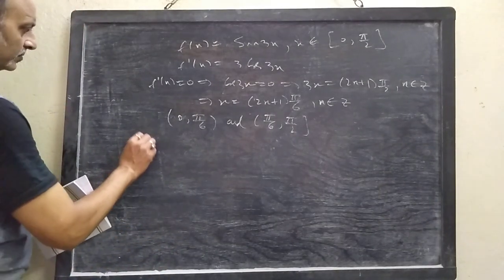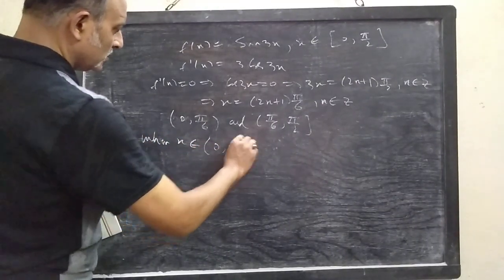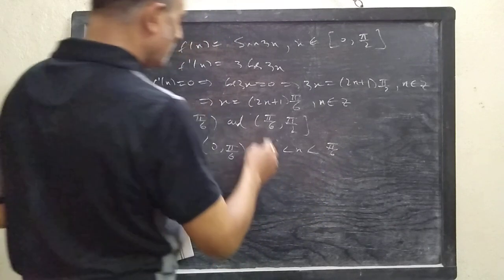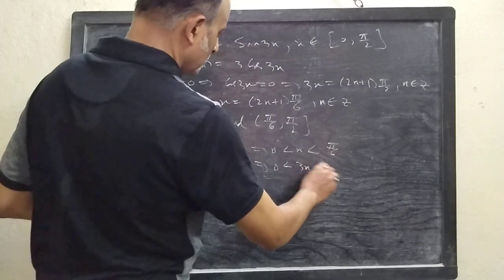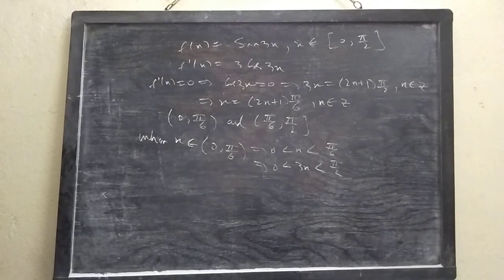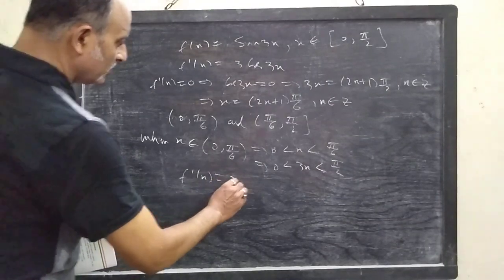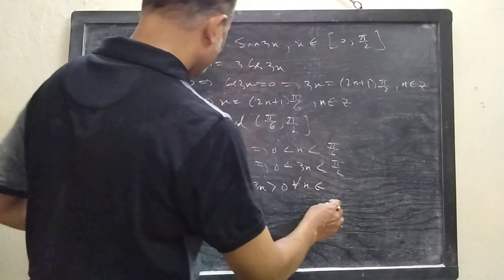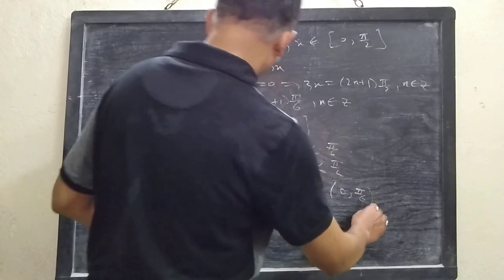Now when x belongs to open 0 to pi by 6, that implies x is more than 0, less than pi by 6. Multiply by 3, you get 3x is more than 0, less than pi by 2. So when 3x lies between 0 and pi by 2, cos 3x is positive. So you get f dash x equals 3 cos 3x greater than 0 for all x belongs to open 0 to pi by 6.